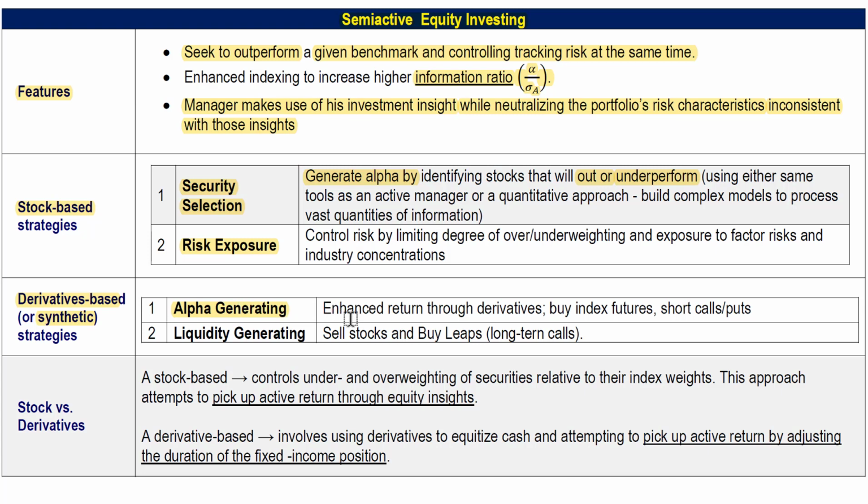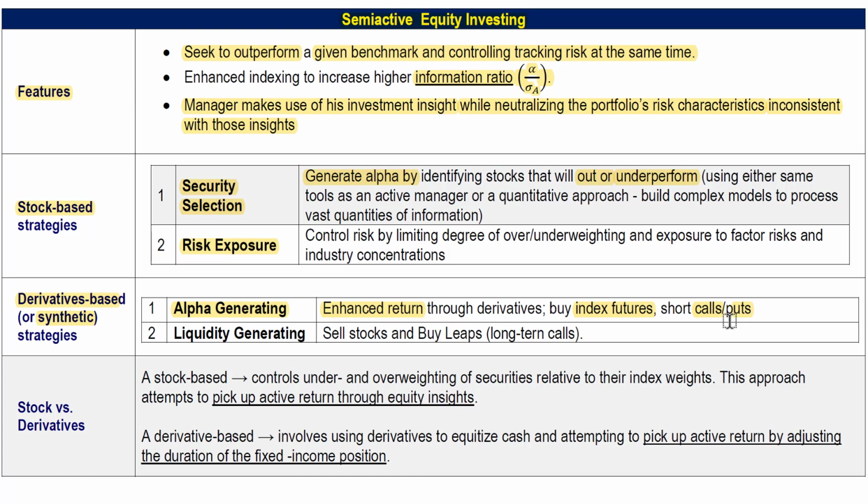You hold your core portfolio. Suppose you already have an S&P 500 index portfolio, like SPY, but you view that you're not just keeping the beta, you want to generate alpha. We have discussed that before. You can enhance your return by, for example, buying an index futures, or you can short a call, or you can buy the put.